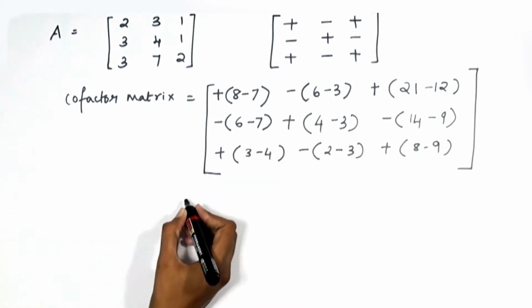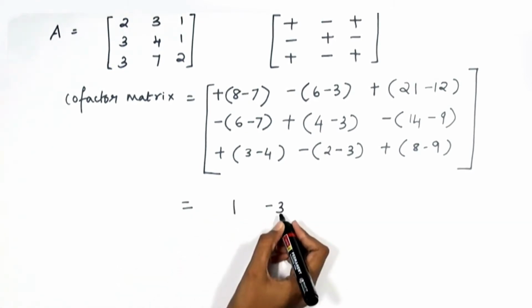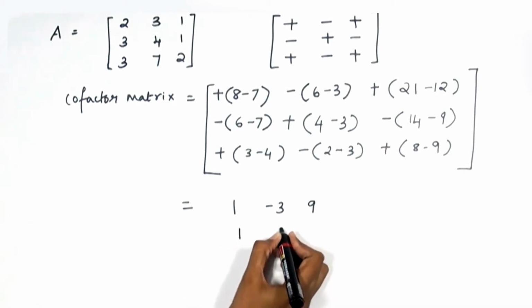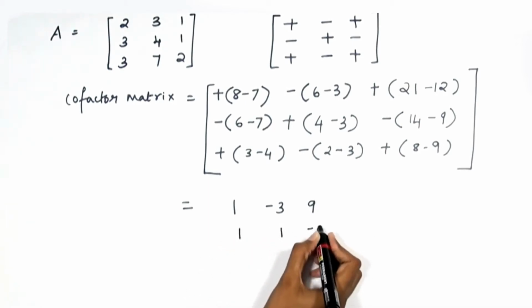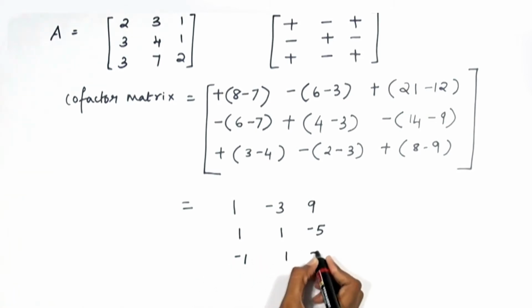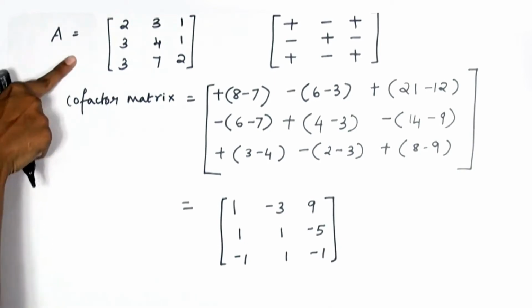So on evaluating, we will be getting the answer as 1, -3, 9, 1, 1, -5, -1, 1, -1. So this is the cofactor matrix of A.